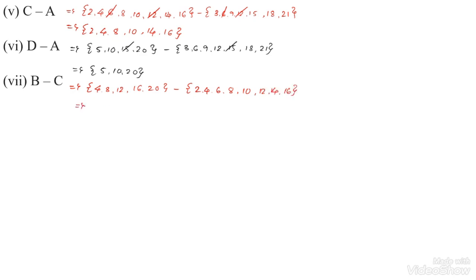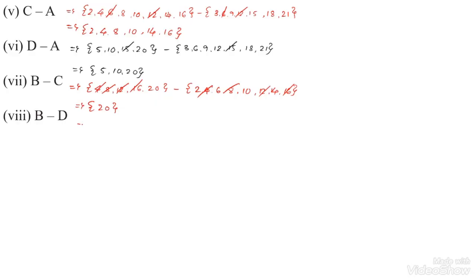In between these two sets, the common elements are 4, 8, 12, 16. Only the element 20 remains in B minus C, or B difference C.